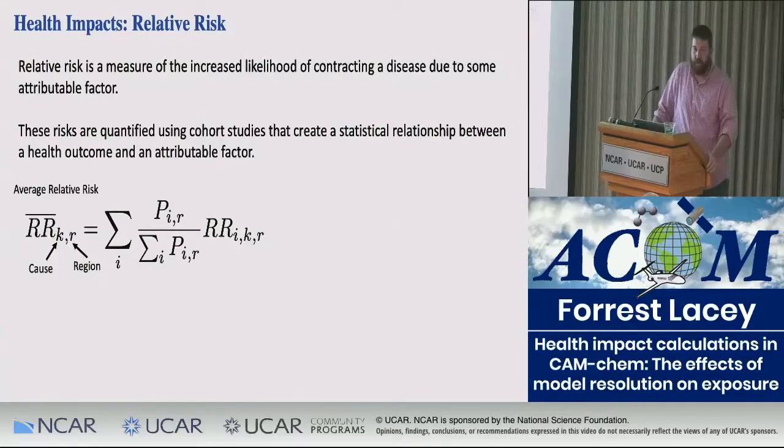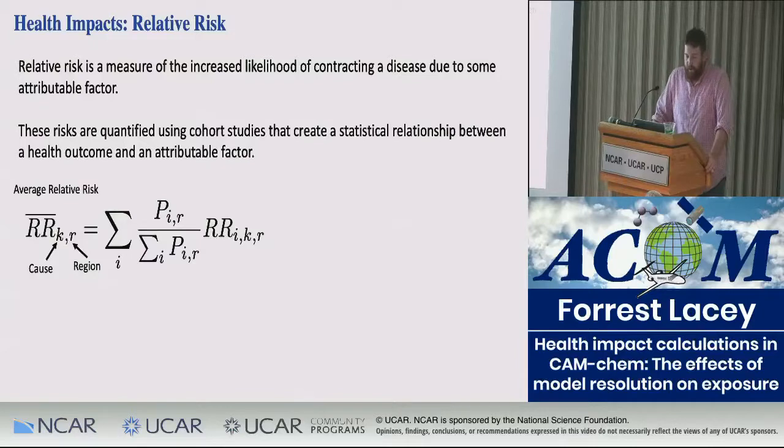These were first developed back when they were looking at secondhand smoke and tobacco exposure, and they developed this relative risk function for how much more likely you are to get lung cancer or heart disease based on the amount that you smoke or your exposure to secondhand smoke. So that was kind of the baseline setup for developing these relative risk calculations.